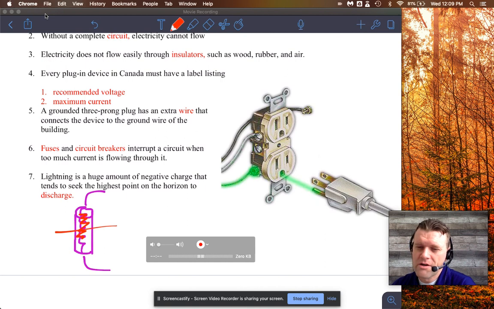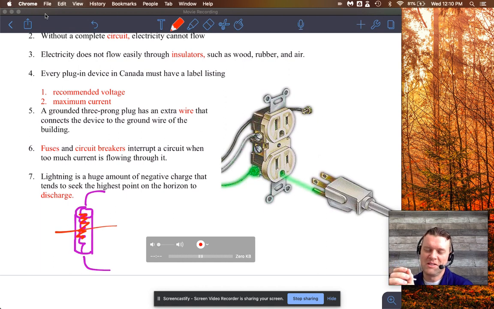A circuit breaker does break the circuit, but it doesn't burn a coil. Circuit breakers are what are in your basement. Sometimes they call it a fuse box or a circuit breaker box. It has a whole bunch of circuit breakers, and if too much current starts to flow through a certain circuit, it heats up.